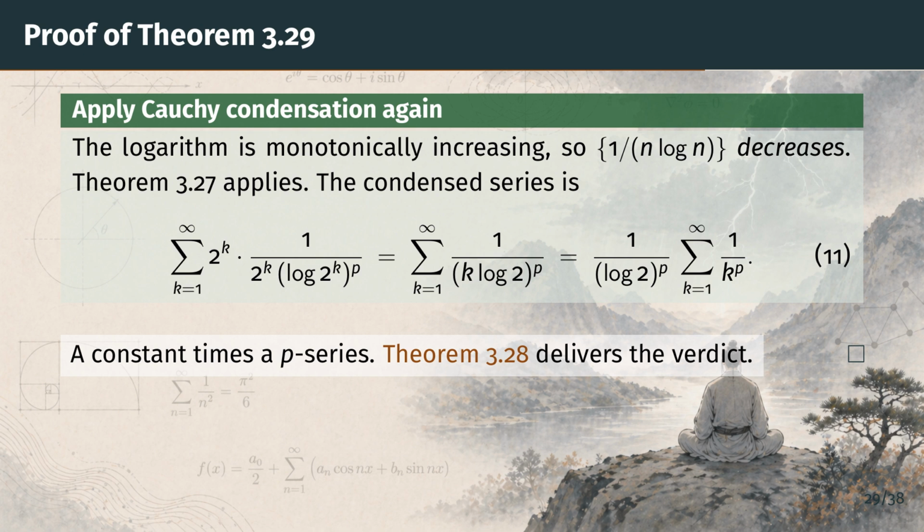The factor 2 to the k outside cancels the 2 to the k inside. The log of 2 to the k simplifies to k times log 2, and we are left with a constant times the sum of 1 over k to the p. By the p-series test that converges if and only if p is greater than 1, and the theorem follows.